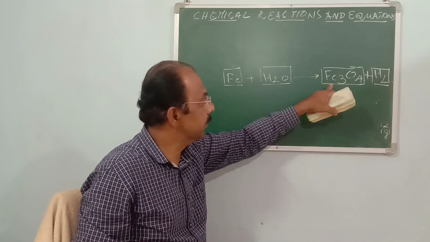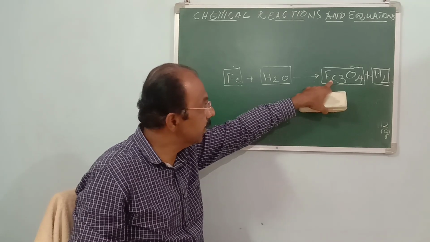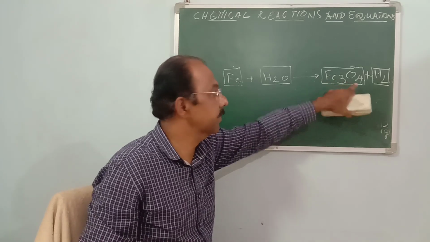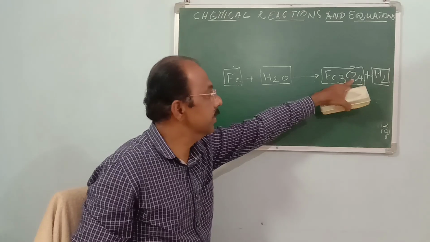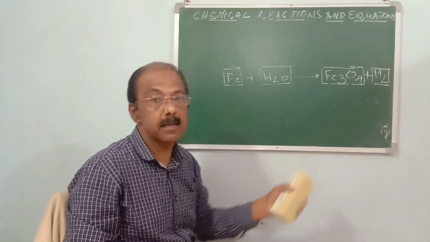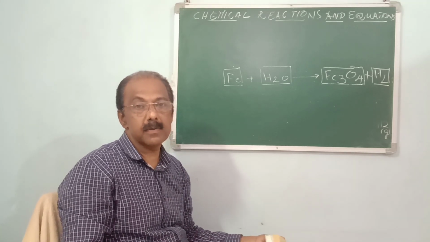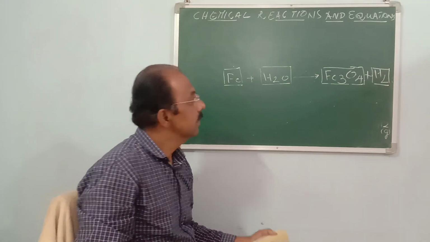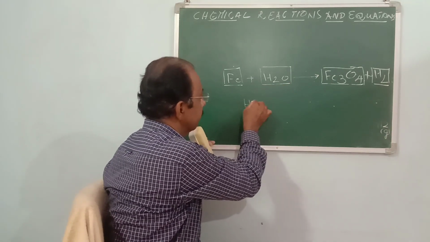In this reaction we observe the compound iron oxide, with 3 atoms of iron and 4 atoms of oxygen. In it, oxygen has the highest number of atoms, and we begin our balancing with oxygen.